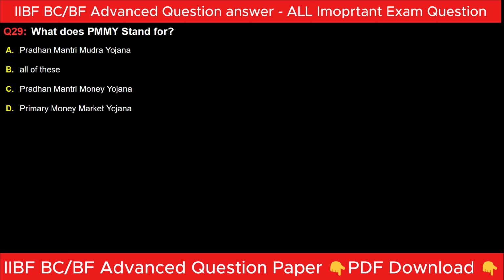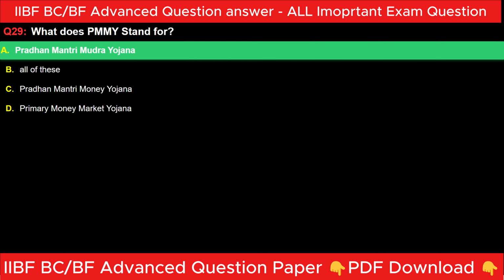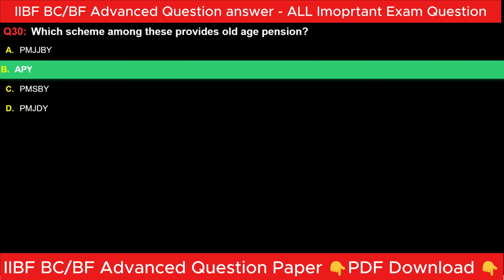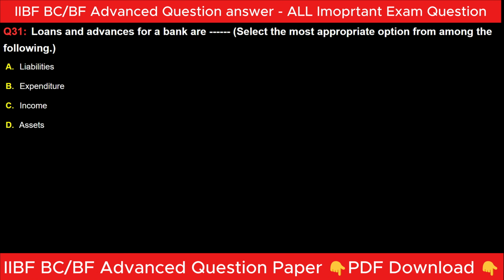What does PMMY stand for? Pradhan Mantri Mudra Yojana. Which scheme among these provides old age pension? APY. Loans and advances for a bank are, select the most appropriate option from among the following.